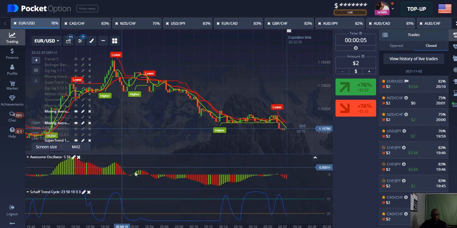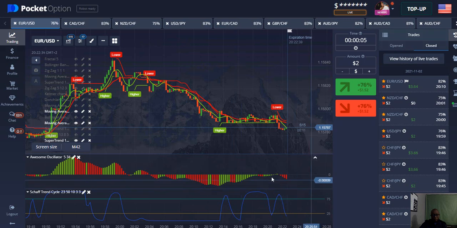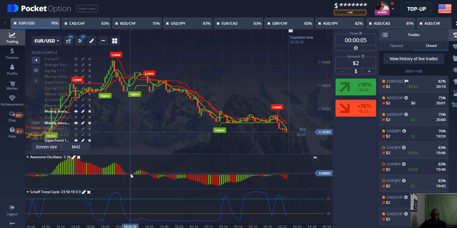As you can see over here, it broke and it brought us below the zero. Before that, it was up and then down. That's how I try to do that, because especially for this strategy, once it breaks, for the next 3, 4, 5 candles, in many cases, it goes in your direction.